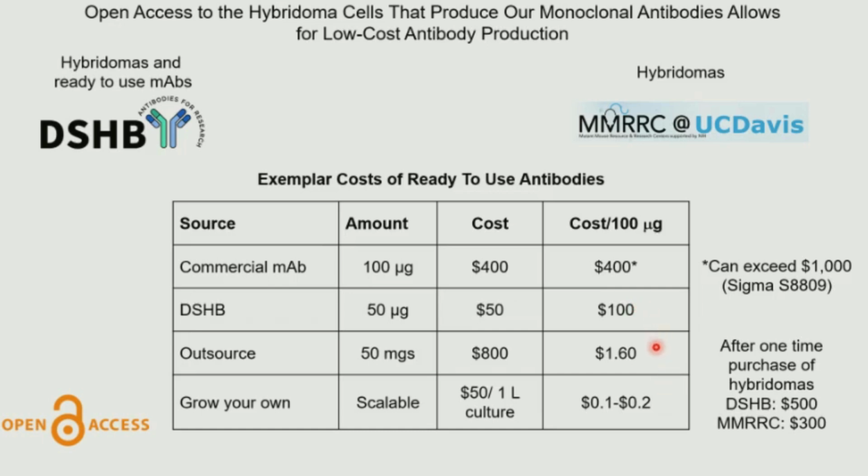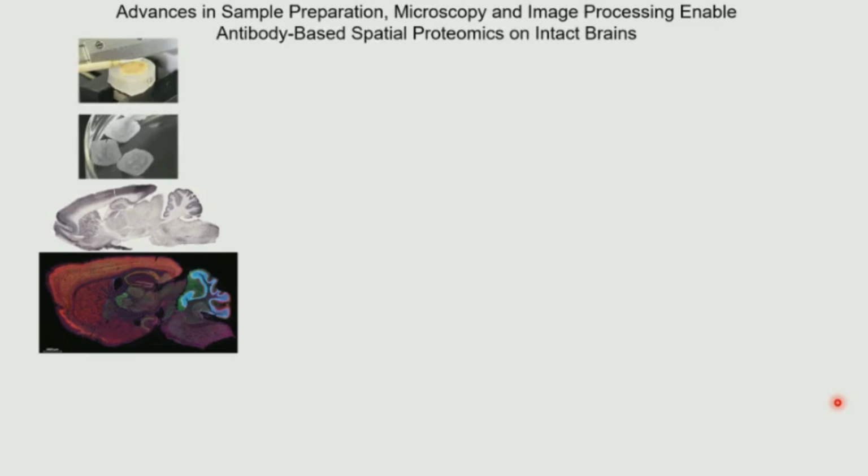But if we make the hybridomas available, you can get a CRO to make this for about $160 for a 100 microgram vial. And then if you're willing and able to grow your own, you can bring the price down to a very low price. And this does not include the original purchase price of the hybridomas, but the recurring costs of growing these preps over and over again.